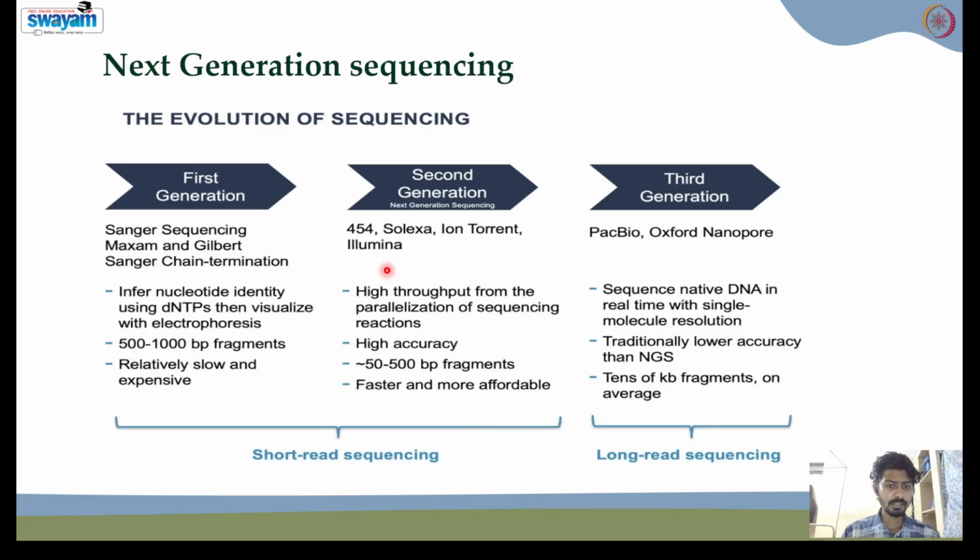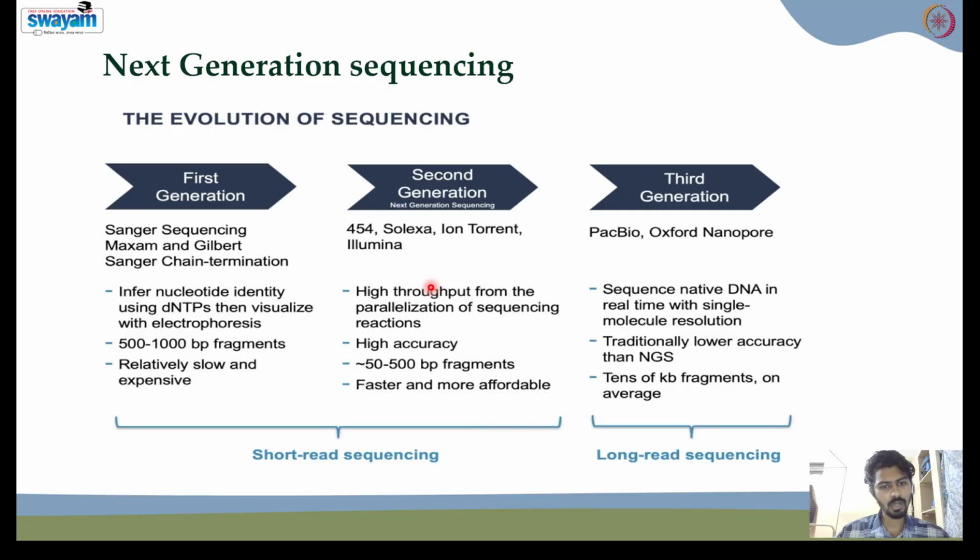Compared to a bicycle, a car is much faster, right? It has higher accuracy in predicting the nucleotide, it can sequence millions of fragments, and it is faster, very cheap and more accurate too. These two are for short read sequencing. If you want to read a short sequence, up to 1000 base pairs, you can go for second generation sequencing.